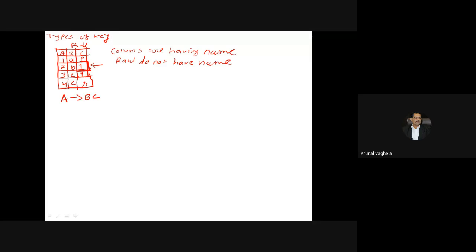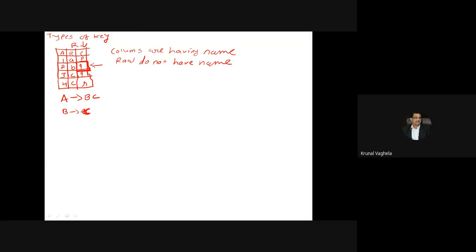Now, can I say B to AC or B to C? A, P, B, Q, C, Q, and C, R. No. The values are also repeated.